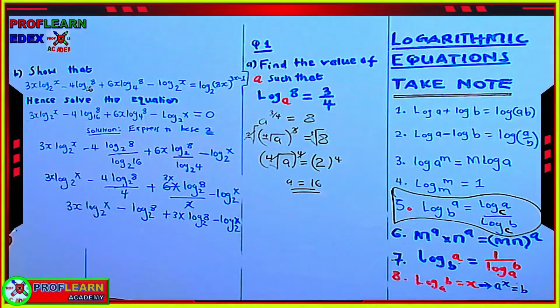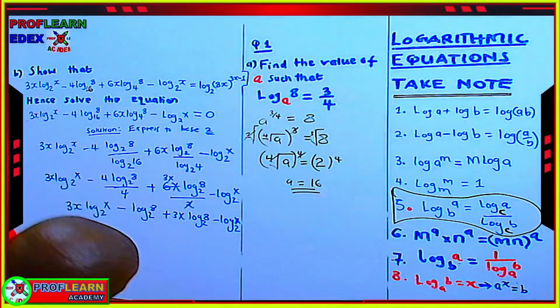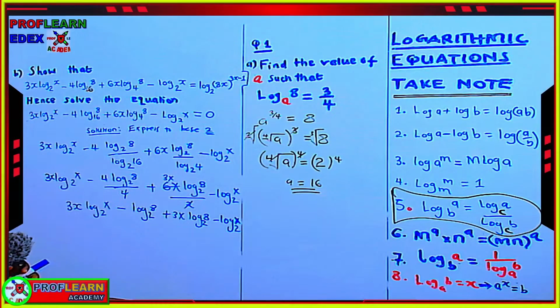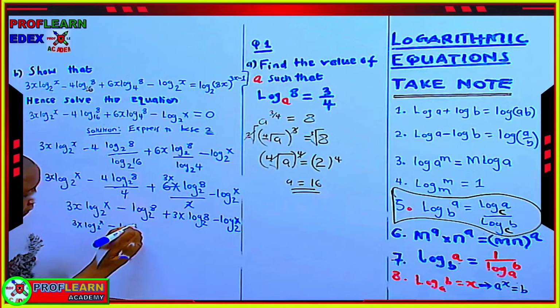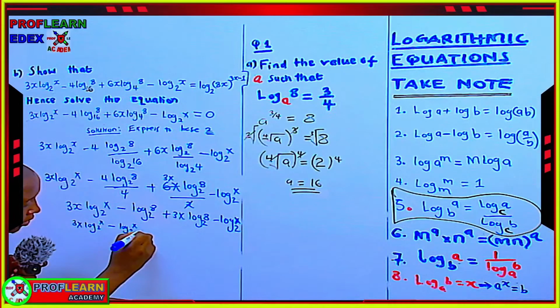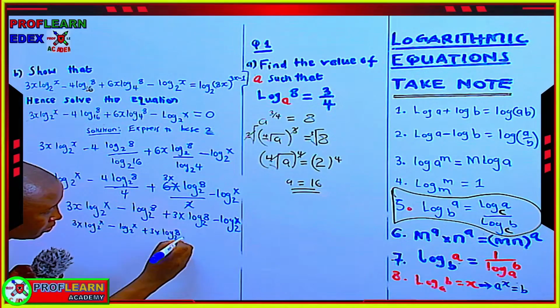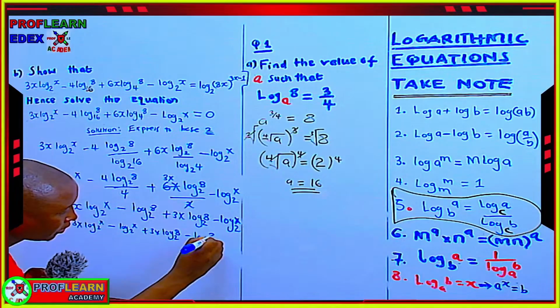We need to go further, and in that way, let me put the like terms together. We can say 3x log x base 2 minus log x base 2, plus 3x log 8 base 2 minus log 8 base 2.